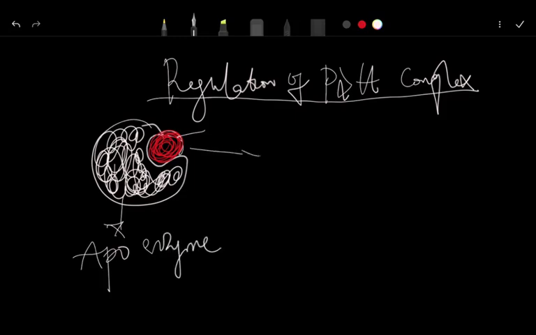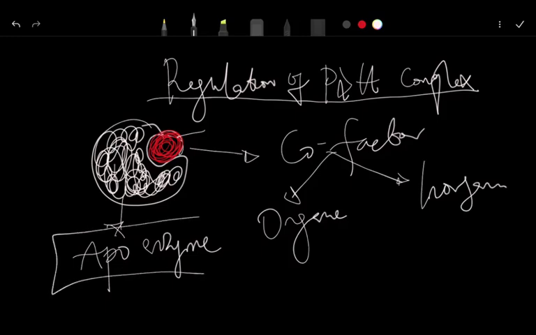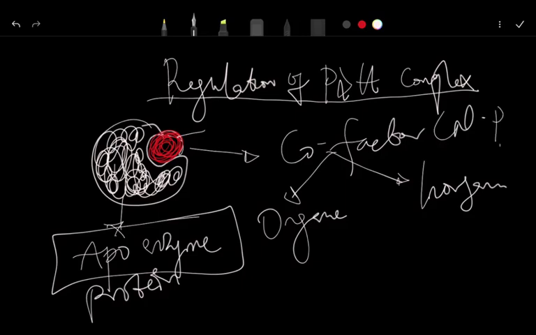This red part here is called a cofactor. Anything that helps the enzyme to function better is called a cofactor. Now a cofactor could either be organic or inorganic. This apoenzyme here is a protein, made up of protein. Now this cofactor is non-protein.